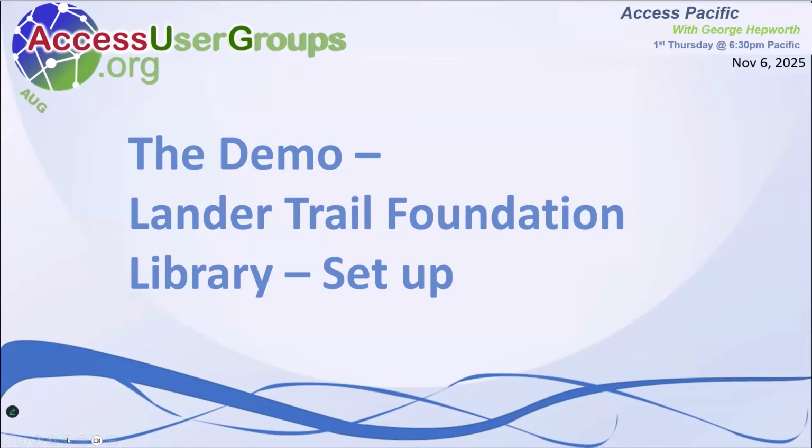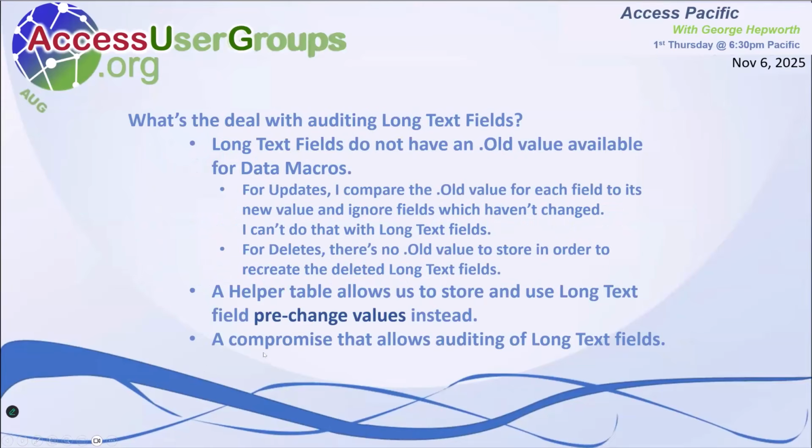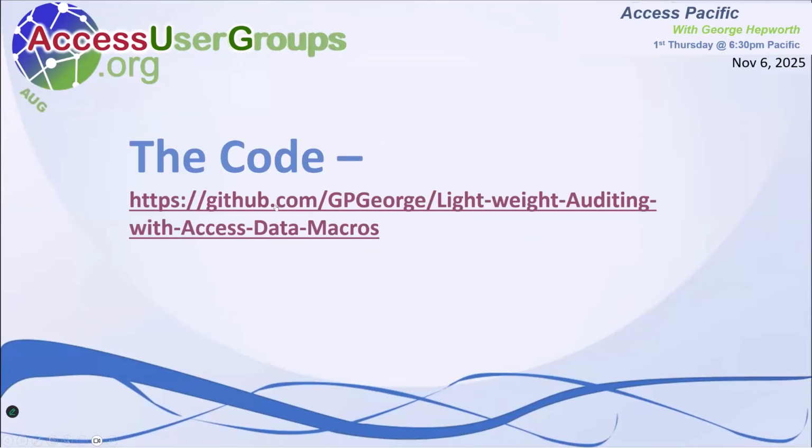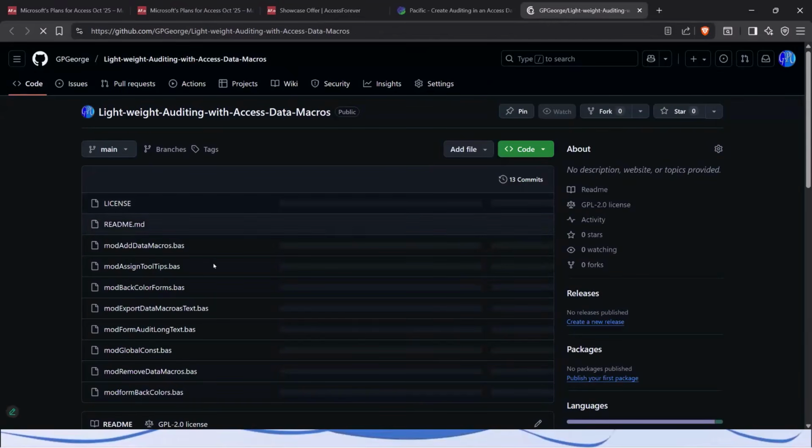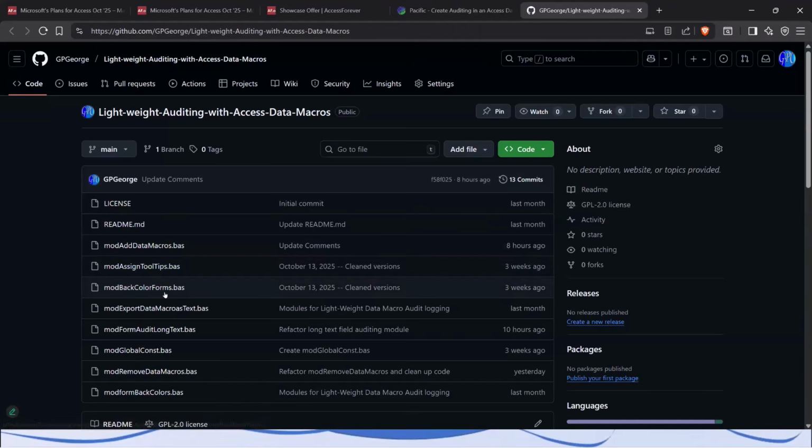Let me see if I can show you my GitHub site, and I would encourage you. Okay, I talked about that in the presentation. If you go here, I have the modules. Some of these, I'm not sure why that one is there. The auto log tables. Well, this is my error handler.